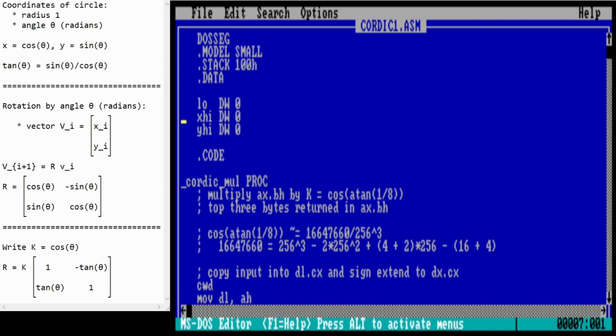I can't just use integers here, because once you apply Cordic even to integer values, you get something that's not an integer. And if I just kept rounding back to an integer again, I'd just be accumulating massive amounts of error. So I really have to keep these in the 24-bit fixed point. So there are 2 values, xi and yi, and the first 16 bits of each of those are here, x high and y high.